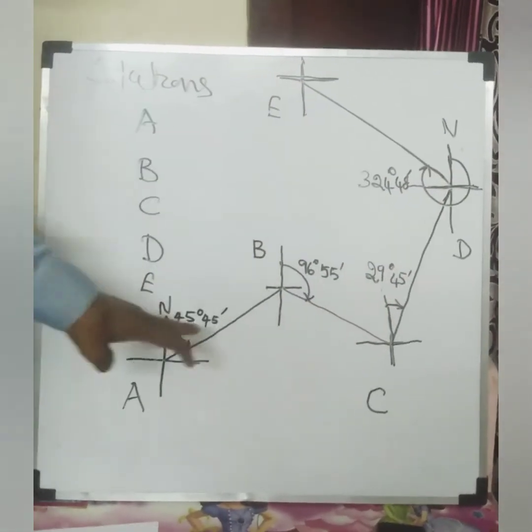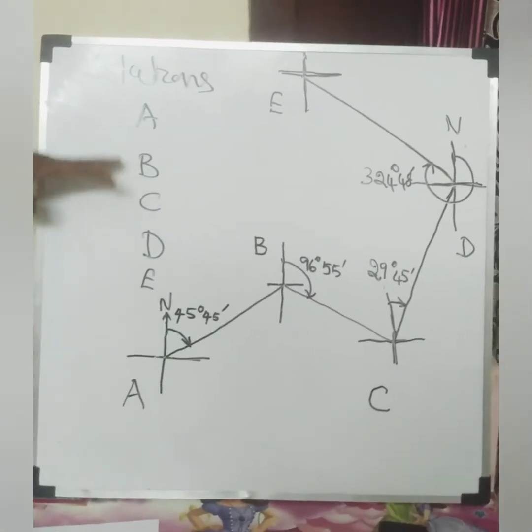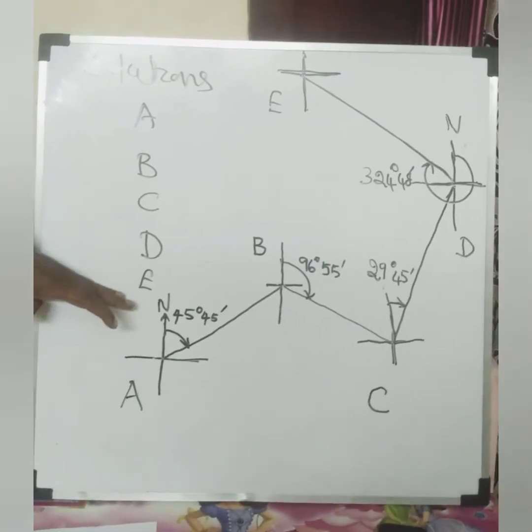You can draw the open traverse. The available stations are A, B, C, D and E. From the given observation, we already drew the network of this open traverse. Here the requirement is to determine the corrected bearings.